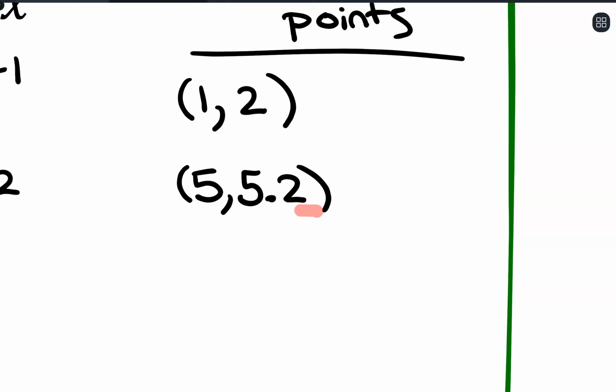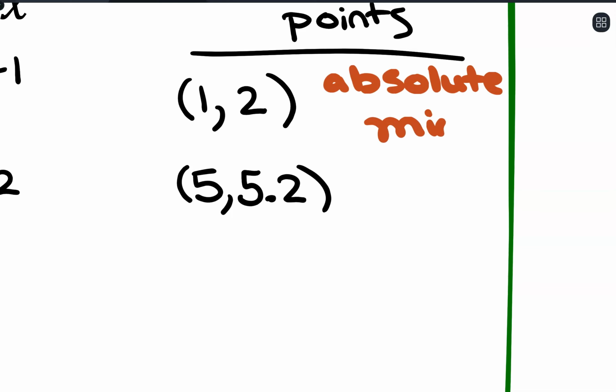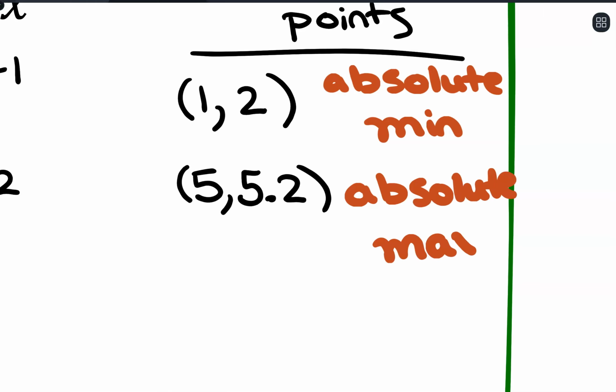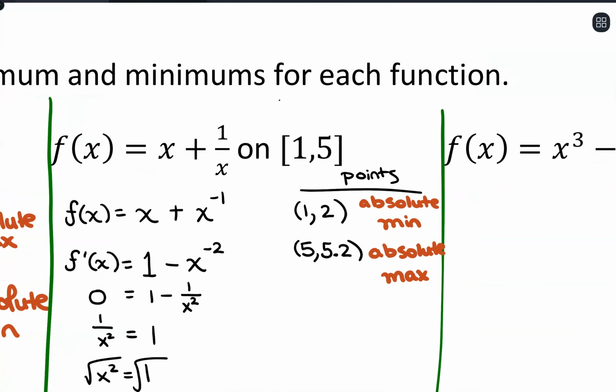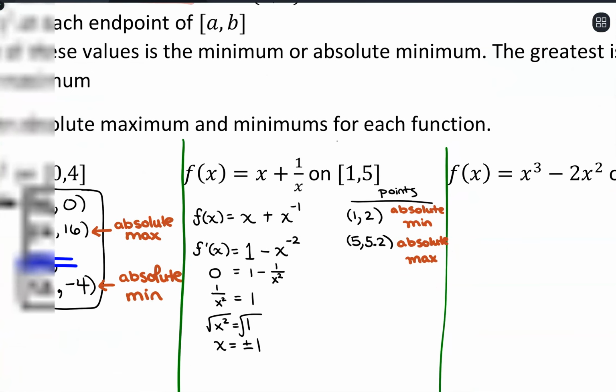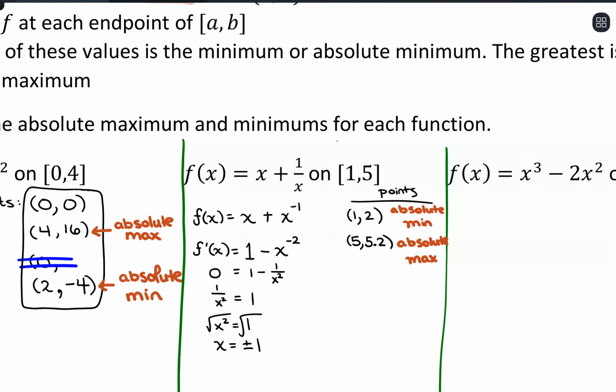So 2 is less than 5.2, so that means this will be our absolute minimum. And this will be our absolute maximum. And that's it. So that one only had the endpoints.